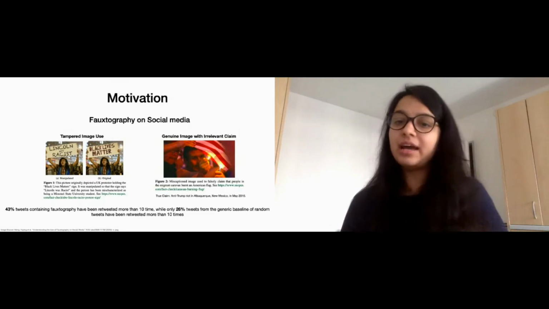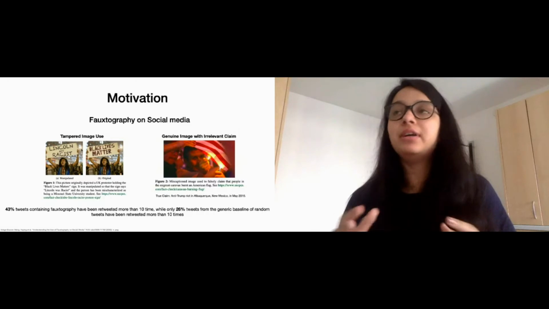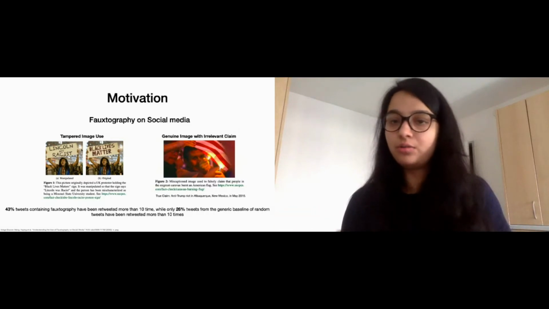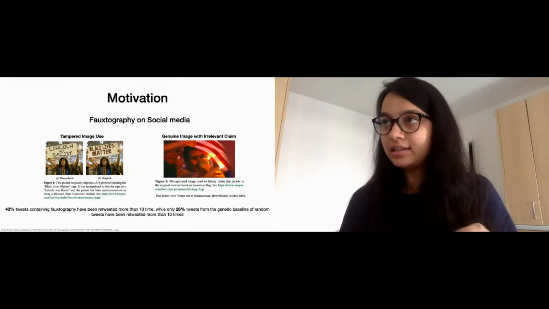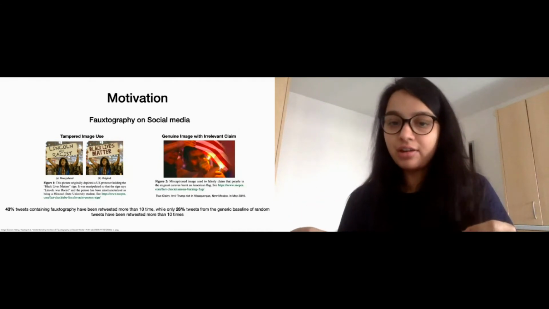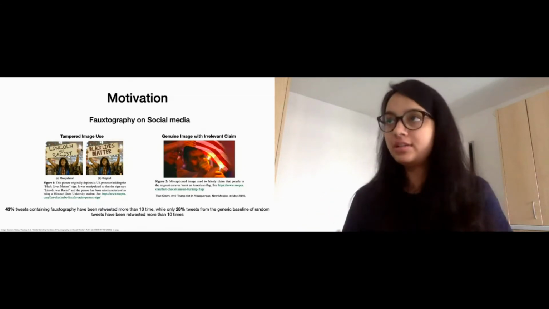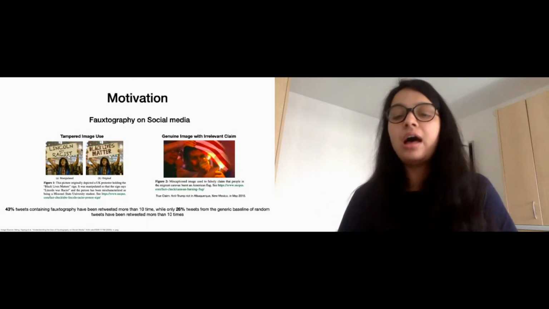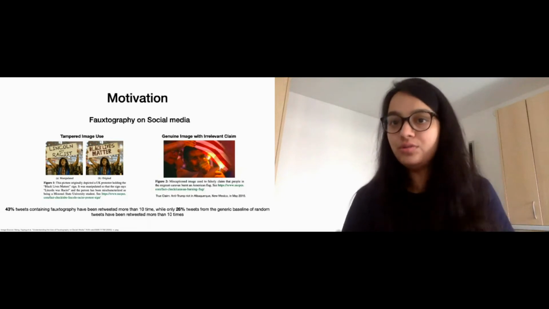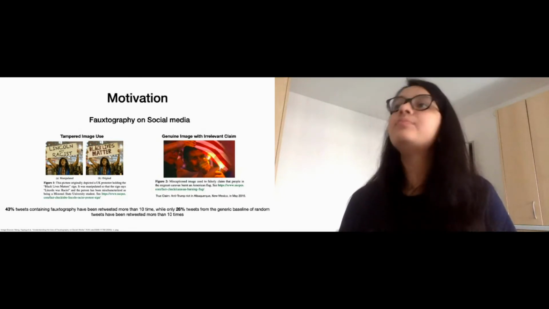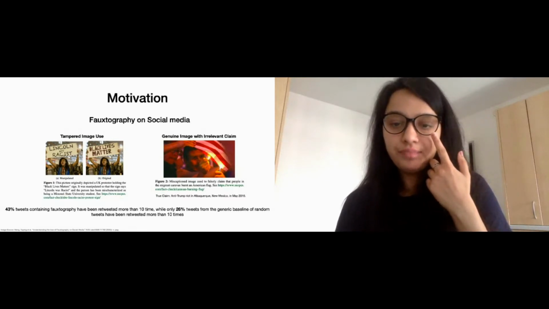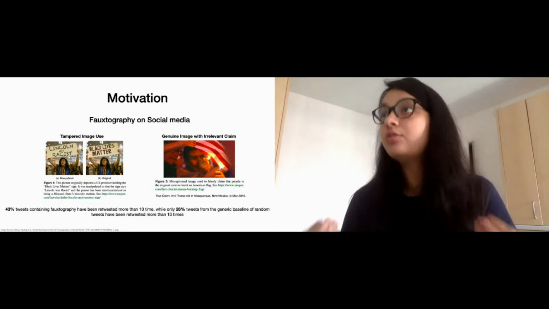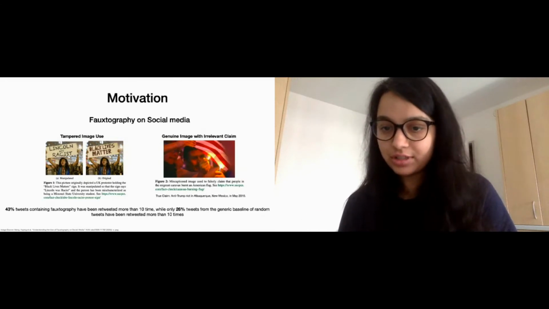The idea behind these images is that people do not tamper with the image, but they take this image and share it with a news item that this image is not at all associated with. This news could be true, could be false, but is not linked to the image. And this is basically called out of context use of images.